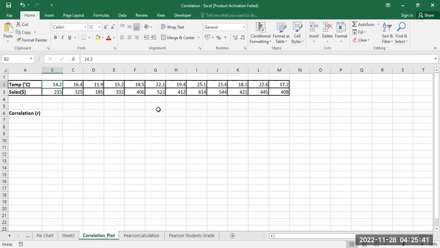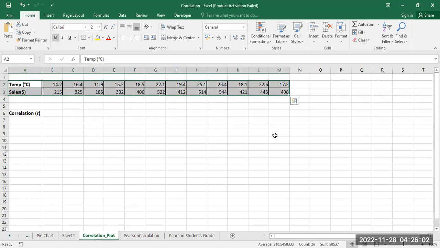scatter plot, the first thing you need to do is highlight all the data that you intend to plot. And this is what I'm going to do. I'm going to click from the first box where temperature is, and then highlight all my data that I intend to plot.